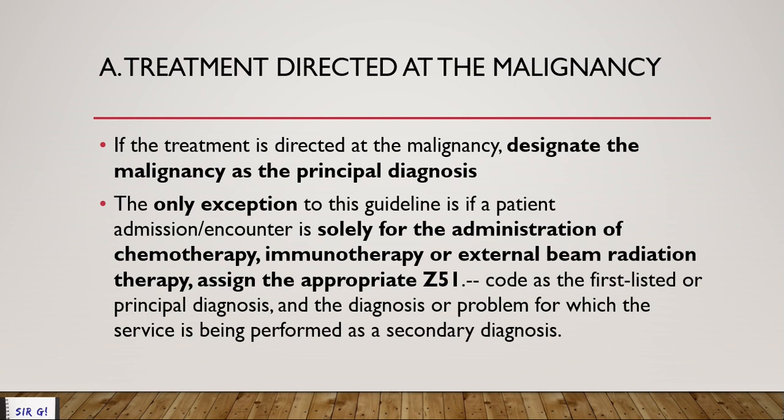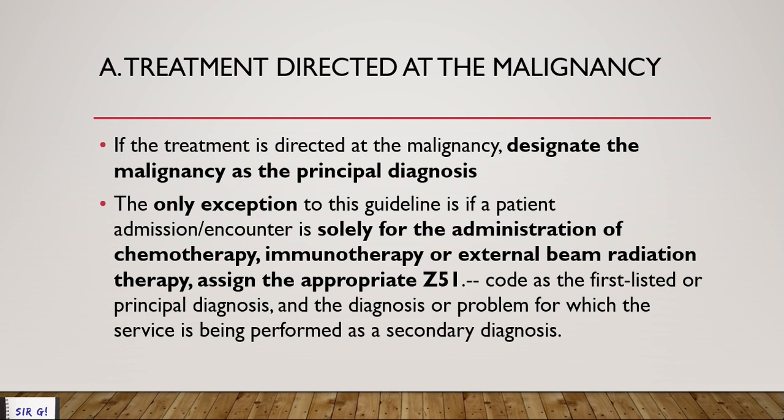For example, if the patient availed of chemotherapy, radiation therapy, or immunotherapy, there are specific sessions for that, like 15 sessions, 20 sessions, 30 sessions. And what if the reason for encounter is only for the scheduled sessions? If the reason for encounter is solely for the chemotherapy or immunotherapy session, your first code should be Z51.